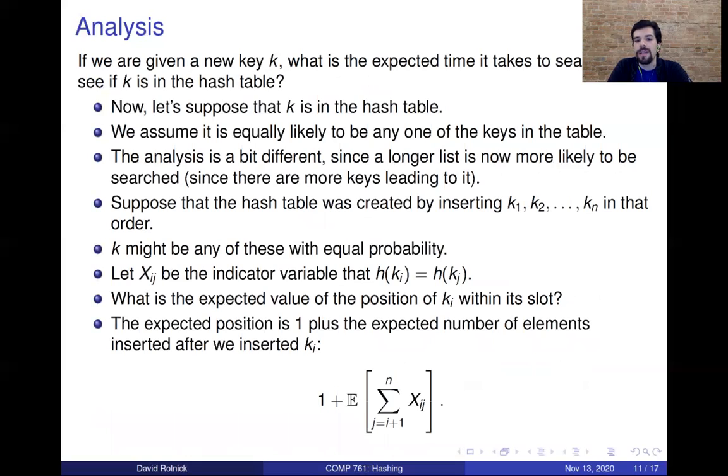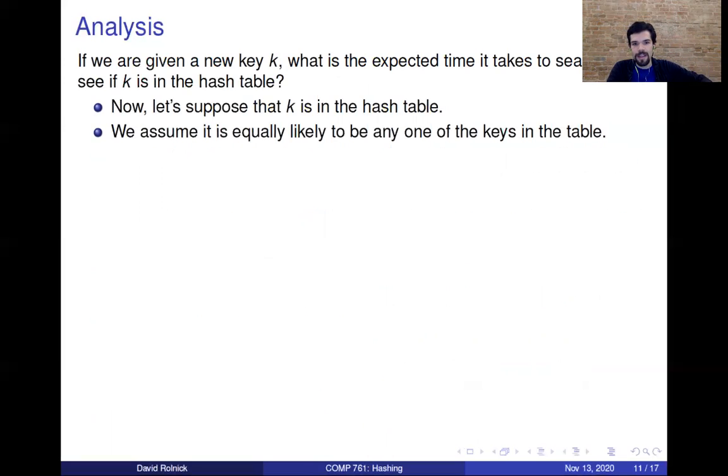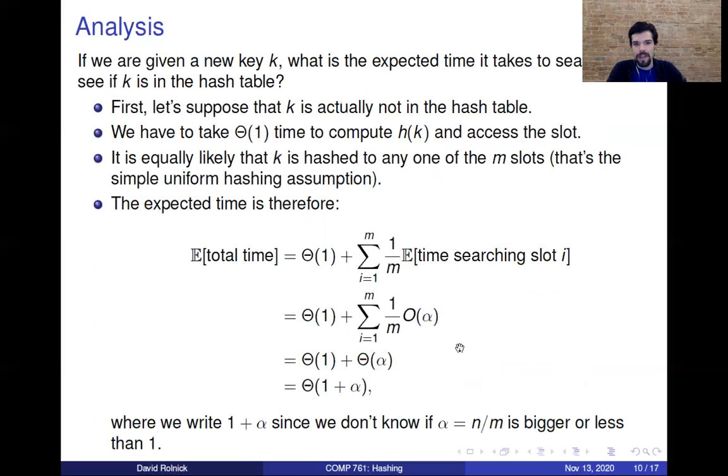Another way to get it is to take our previous analysis and, instead of looking at the expected length of a list, look at the length of a list squared, sort of. If you calculate that out, you'll end up finding that it gives you the same thing. That's another way to do this.